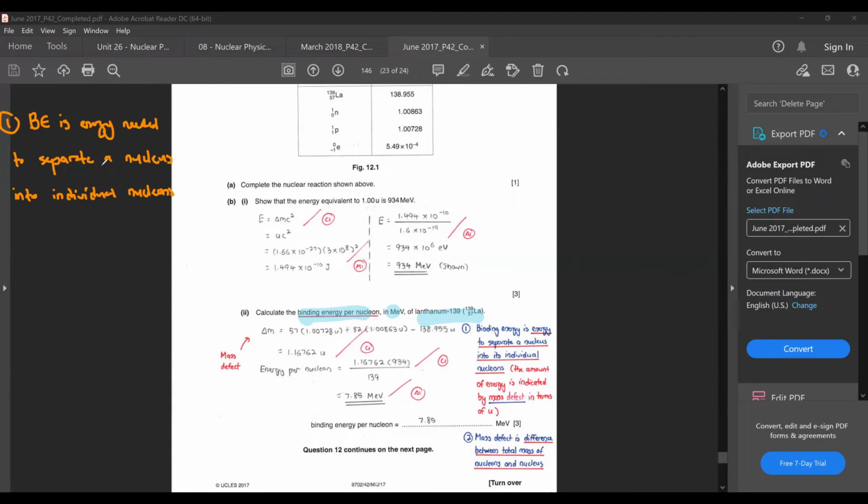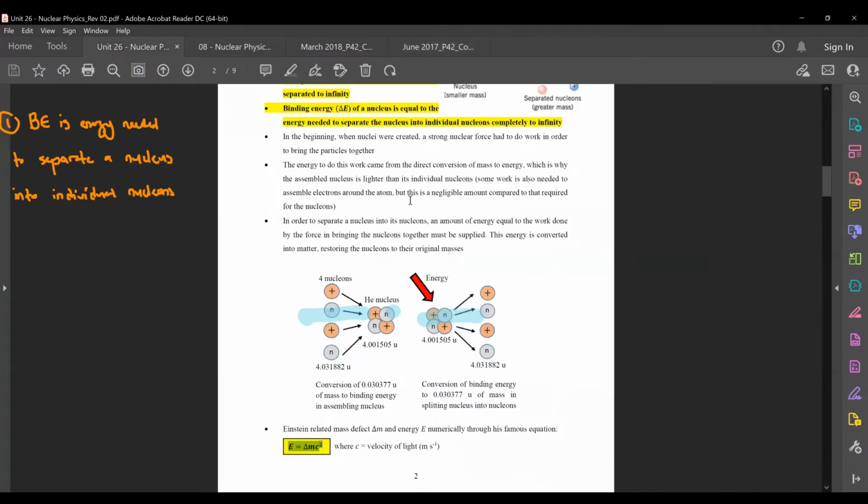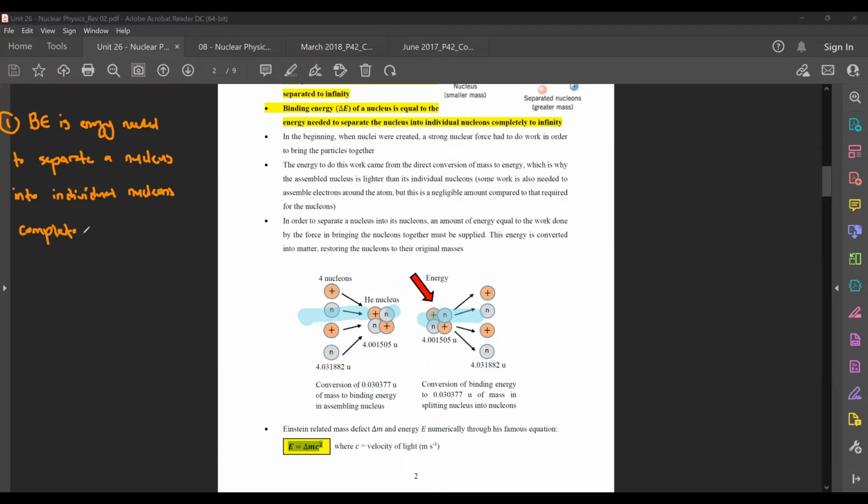To separate a nucleus into individual, what was the wording, exact wording? Separate a nucleus into individual nucleons completely to infinity. Okay, binding energy is energy needed to separate nucleus into individual nucleons completely to infinity. Okay, this is what binding energy is. What amount of energy is needed to separate one nucleus into the individual nucleons completely to infinity?